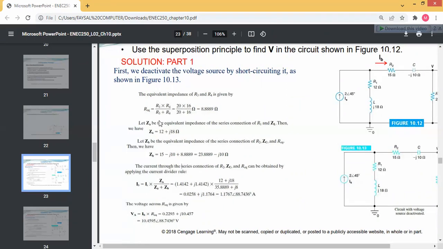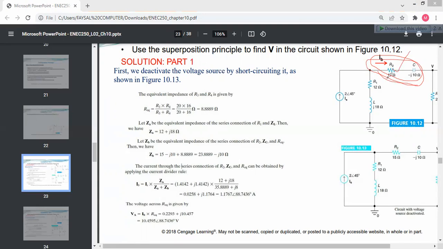Now moving towards the value of my impedance ZB. Just look at this one. Basically this is IB. So the impedance here is ZB. There are two parameters, R2 and RC, which are in series.